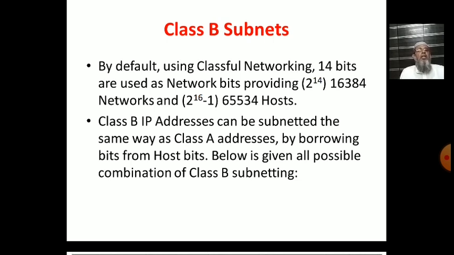It means it will contain 65,536 addresses, but it is 2 raised to 16 minus 2, it is not 1, it's minus 2. So we have 65,534 hosts in every network of a class B subnet.